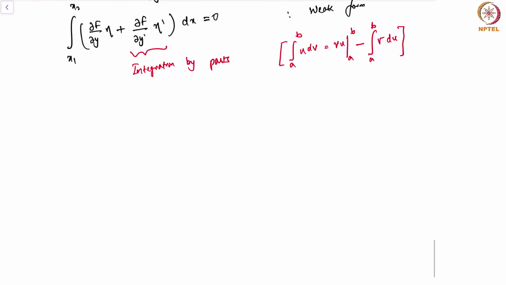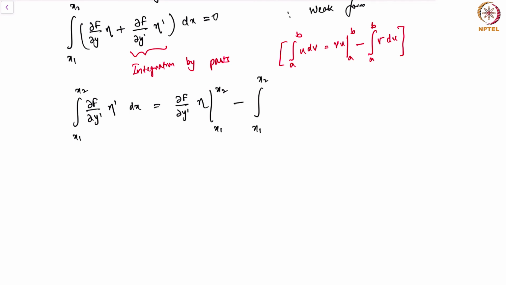If I calculate only the second term here, the integral of ∂f/∂y′ times η′ from x1 to x2 dx, this quantity will simply be ∂f/∂y′ times η evaluated from x1 to x2, minus the integral from x1 to x2 of d/dx of ∂f/∂y′ times η dx.